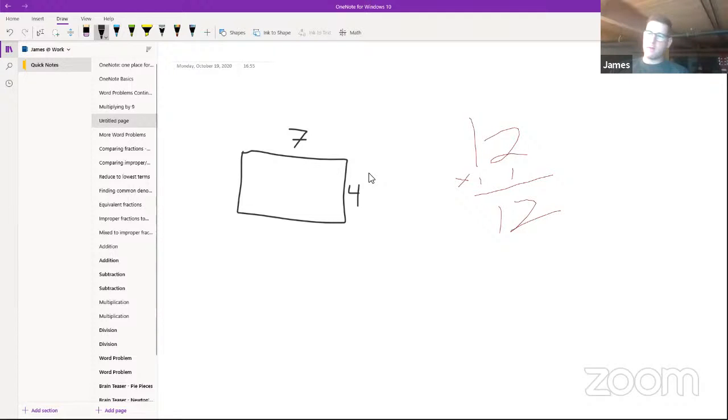Okay, well, let's try a perimeter problem then. So here's a rectangle, and one of the sides is 7 and one is 4. So what would be the perimeter of this entire rectangle? Do you think you can do that, Modi?